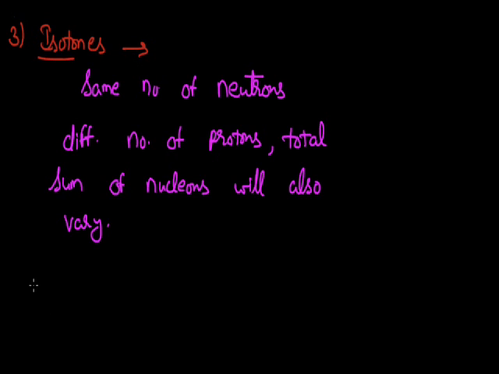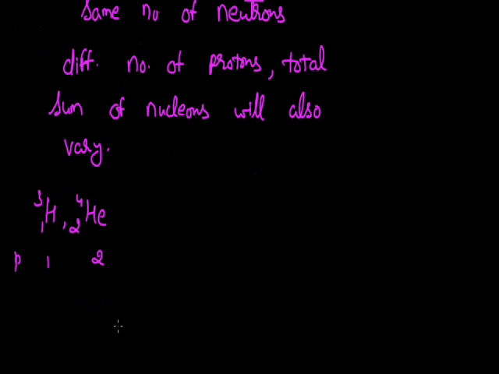Like if I talk about hydrogen-3, that is one isotope of hydrogen, and compare this with the atom of helium, that is He-4, then if we find the number of protons for these two, the very first has one proton, the second one has atomic number 2, so it will have two protons in the nucleus.